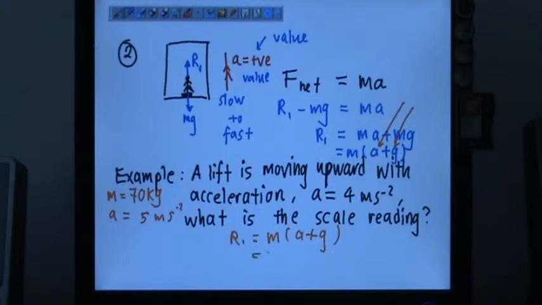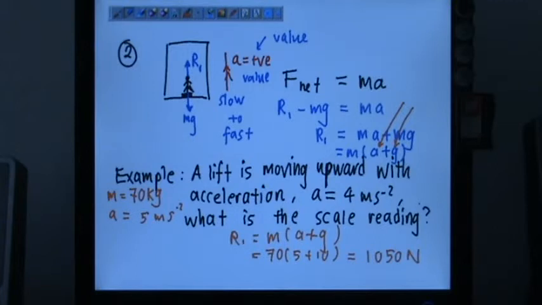So you have 70 times 5 plus 10. In total you have a value of 1050 Newton. So you actually feel heavier when you go up. When the lift goes up, you feel heavier in the beginning.